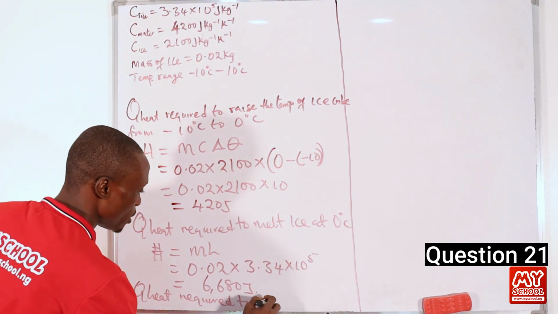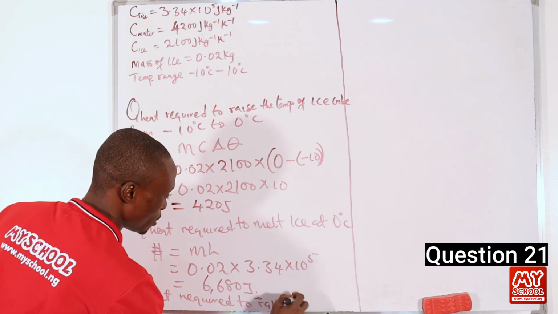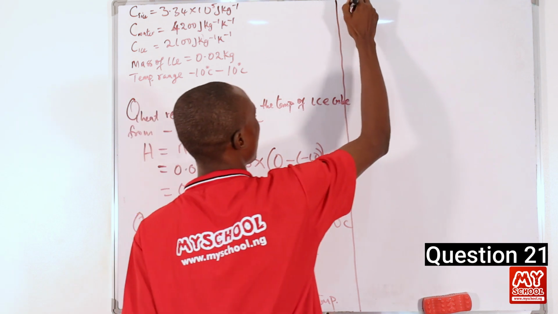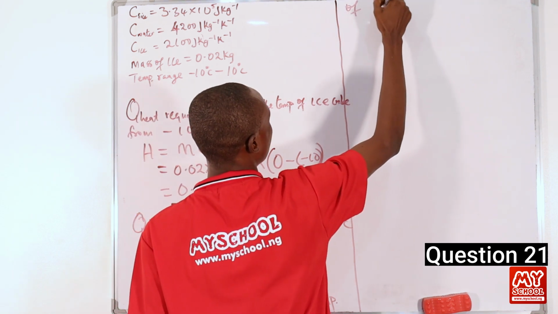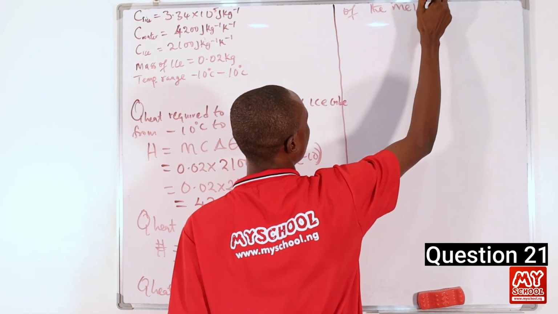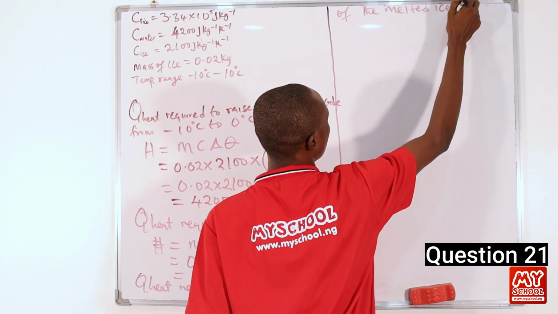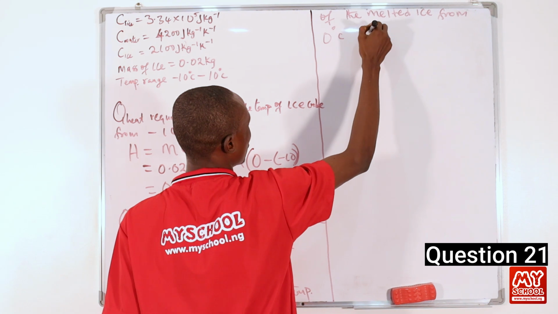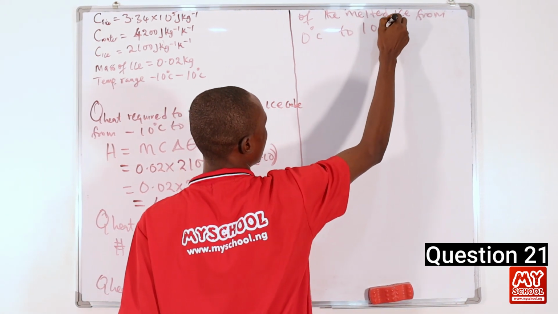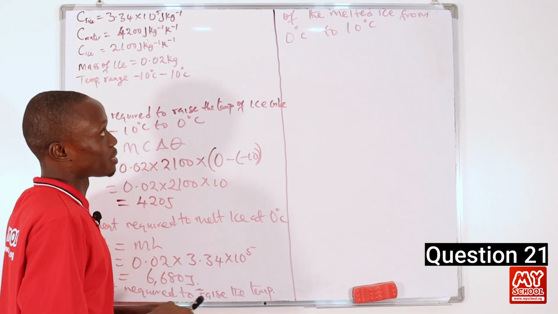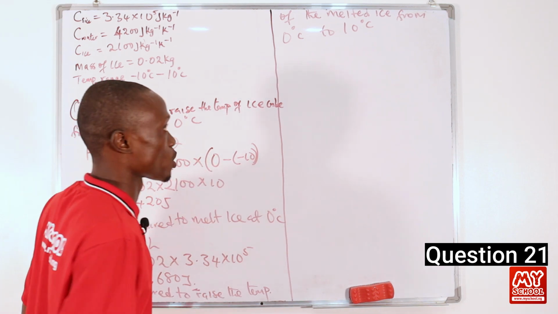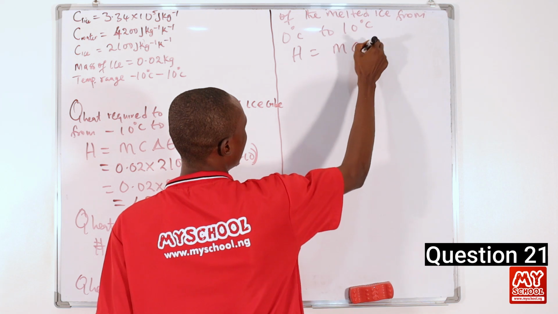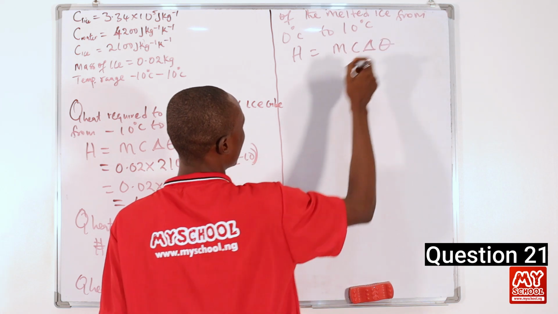Then next we calculate the quantity of heat required to raise the temperature of the melted ice from 0 degrees to 10 degrees Celsius. But one thing you must know is that the melted ice is already water. So we are now using H = mc times change in temperature.